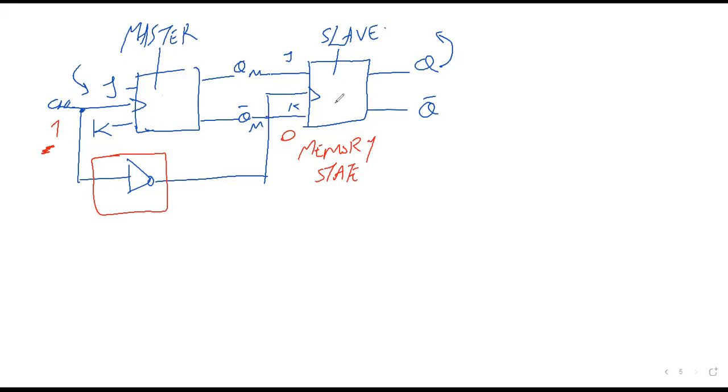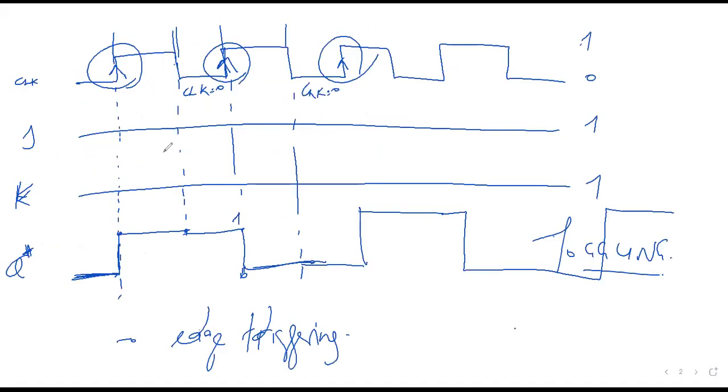When the slave is operational, the master is in its memory state. Perfect. Demonstration using the clock again. Can I use the same clock? I think so. Right. We'll use this same clock.